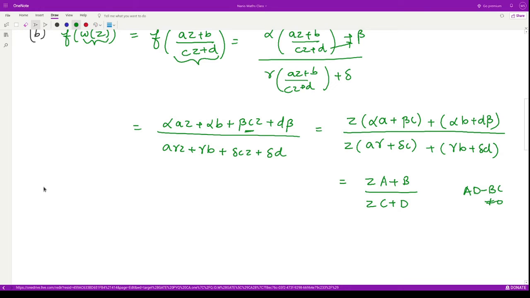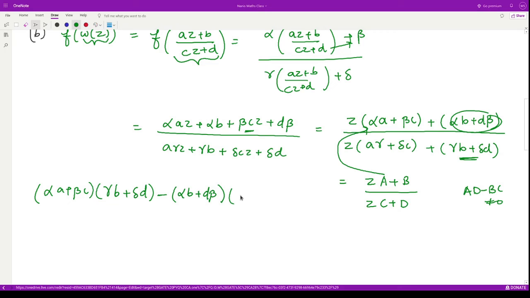In order to check this AD minus BC, A is this term, that is alpha a plus beta c. D is this one, that would be gamma b plus delta d, minus B into C. B is this term, alpha b plus d beta, and then C is a gamma plus delta c.